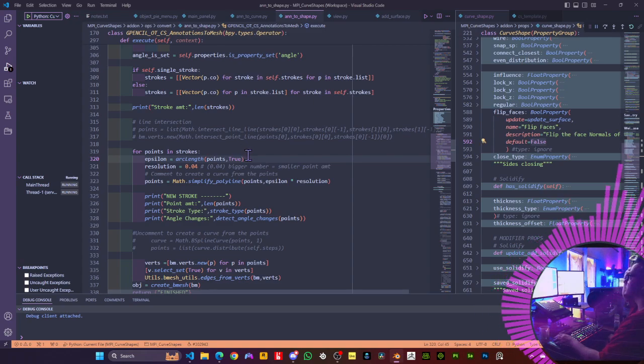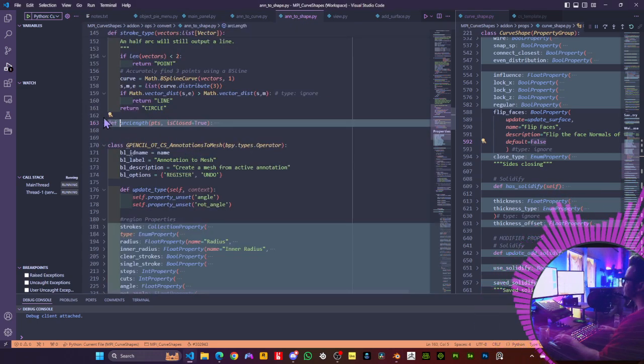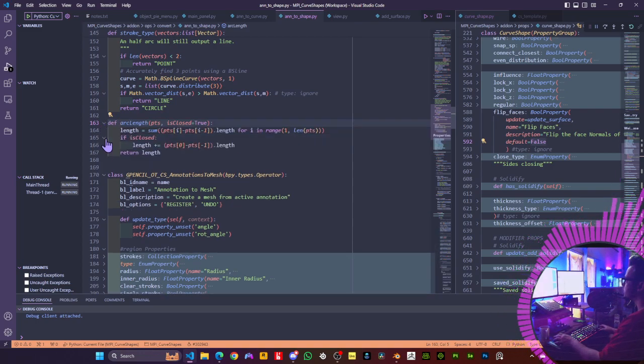I'm grabbing those points and then running them through this arc length function, which I can't remember what it does, but this is what it does.